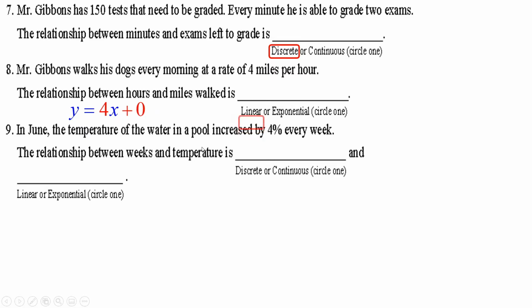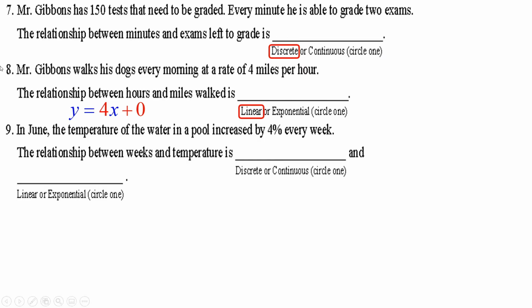That's linear, right there. Now, in June, the temperature of the water in a pool increased by 4% every week. Now, think about that. The relationship between weeks and the temperature in the pool. Okay? Well, again, this is discrete or continuous. Now, as the summer goes on, my outdoor pool warms very slowly and continuously.